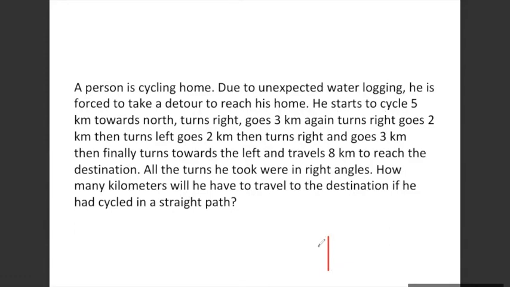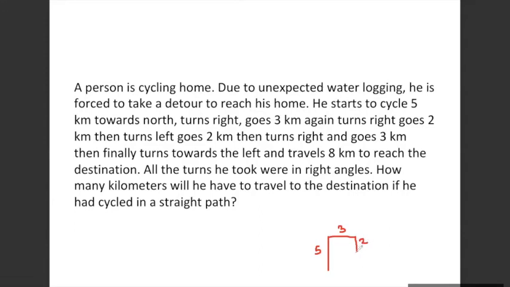Then he turns right. So from the north, he turns right and goes 3 kilometers. So this is 3. Then he turns right again and goes 2 kilometers.